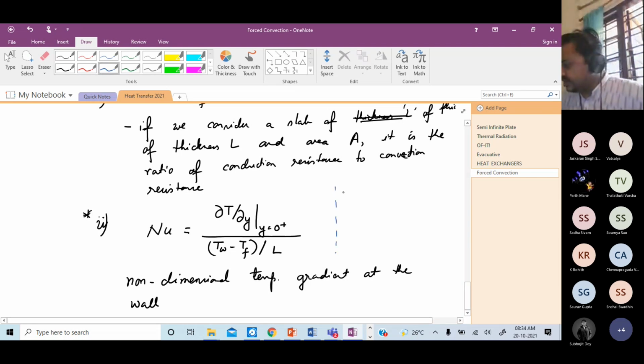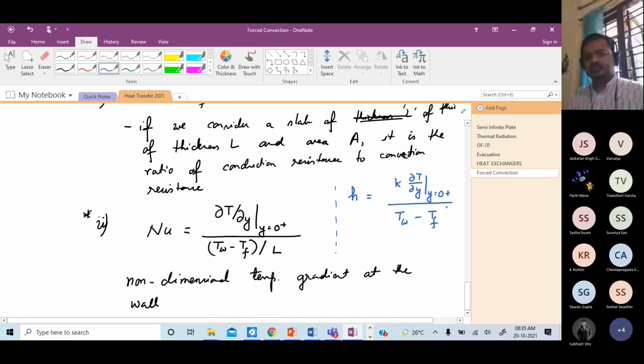We just use h is equal to K del T del y at y equal to 0 plus, divided by TW minus TF, because this quantity, remember, is q double prime.